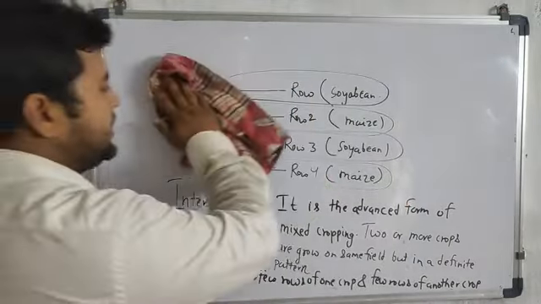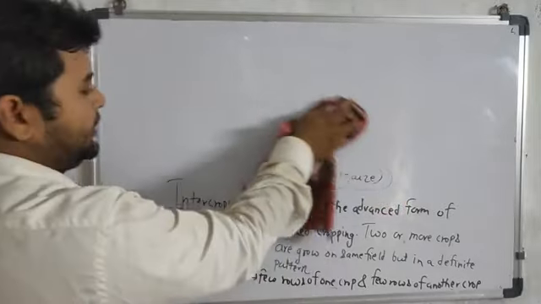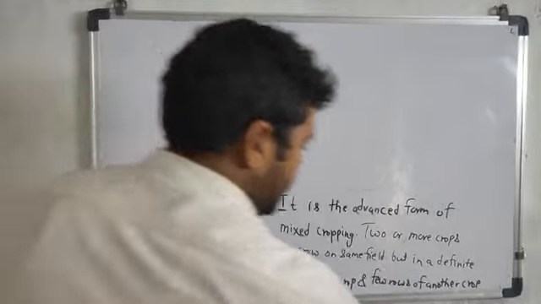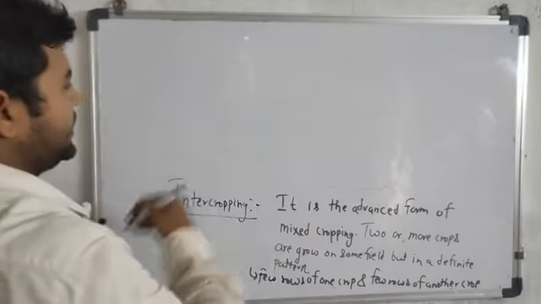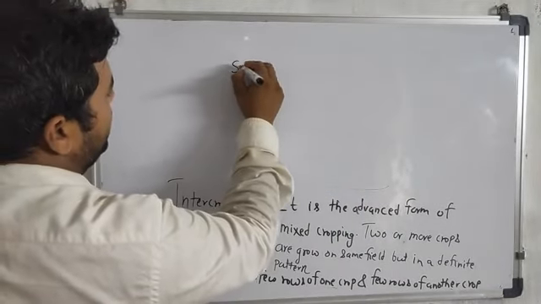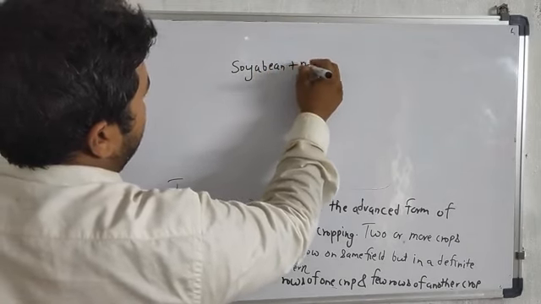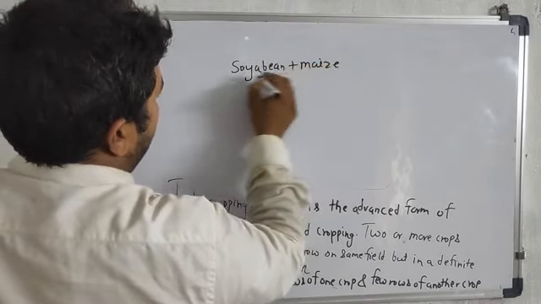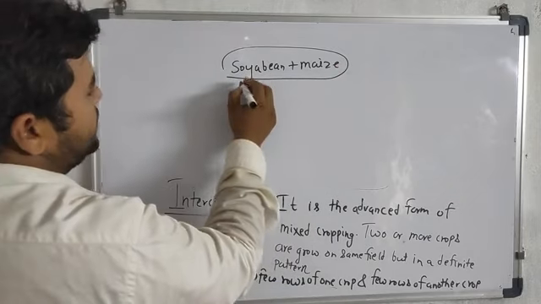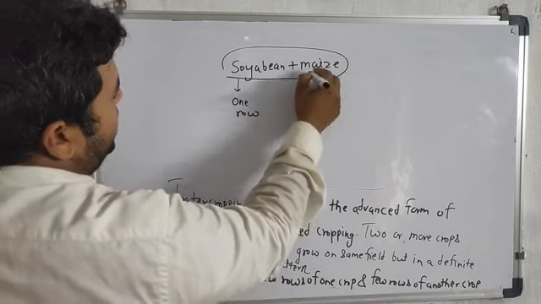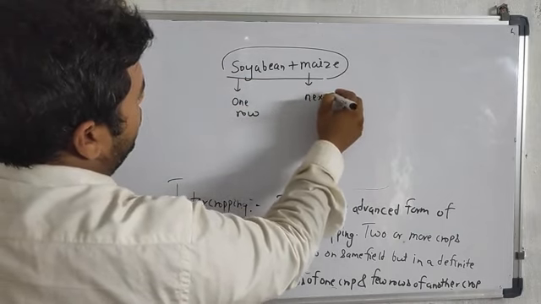So let us discuss the examples of intercropping. There are basically 2 or 3 examples. The first is soybean plus maize. So soybean plus maize, it is in one row, and the other in the next row.